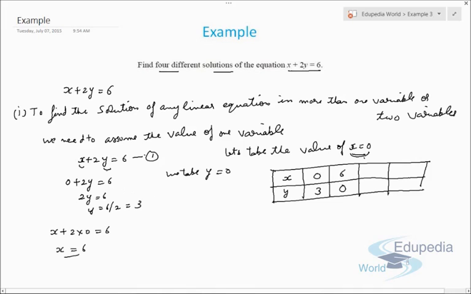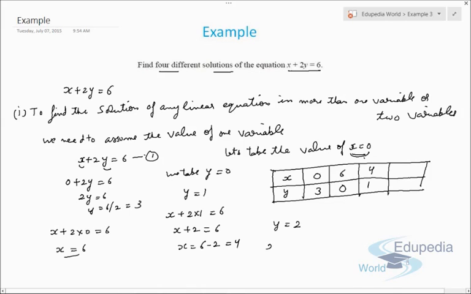Next we take any number. Suppose we are taking y equals 1. So what we get is x plus 2 into 1 equals 6. So x plus 2 equals 6. So x is 6 minus 2, which is 4. So we're getting x as 4 and y as 1. Now for the fourth solution, let's take the value y equals 2.